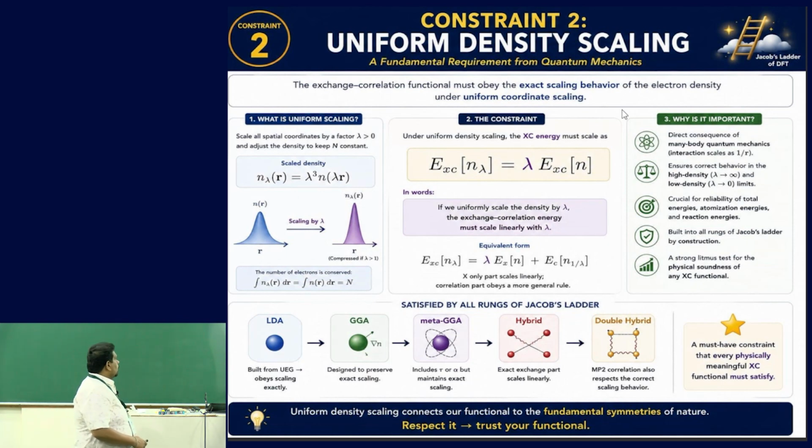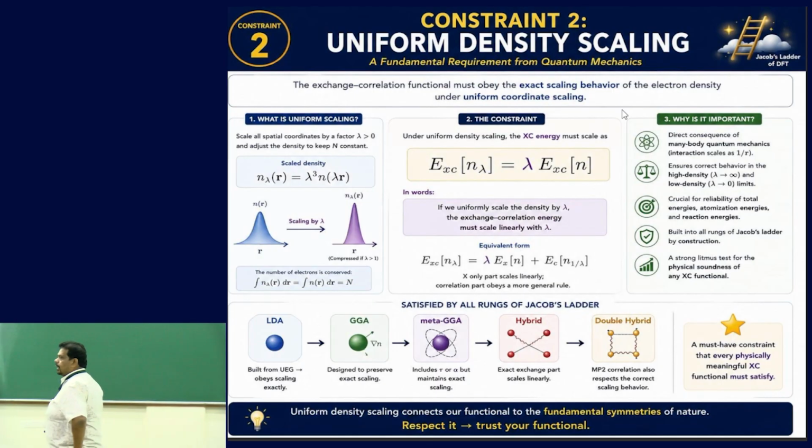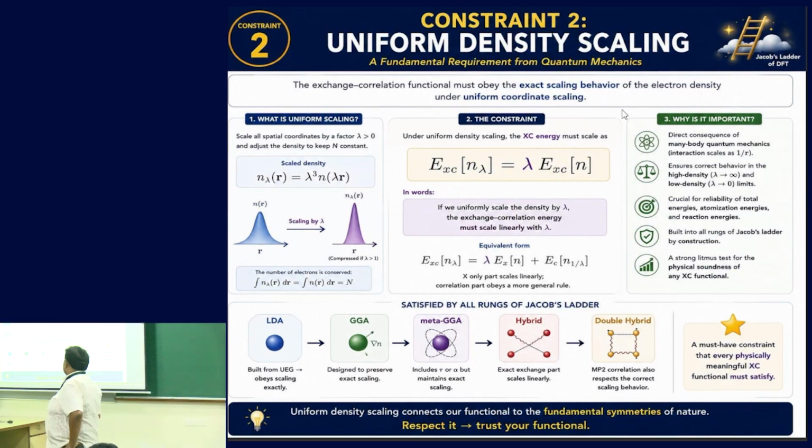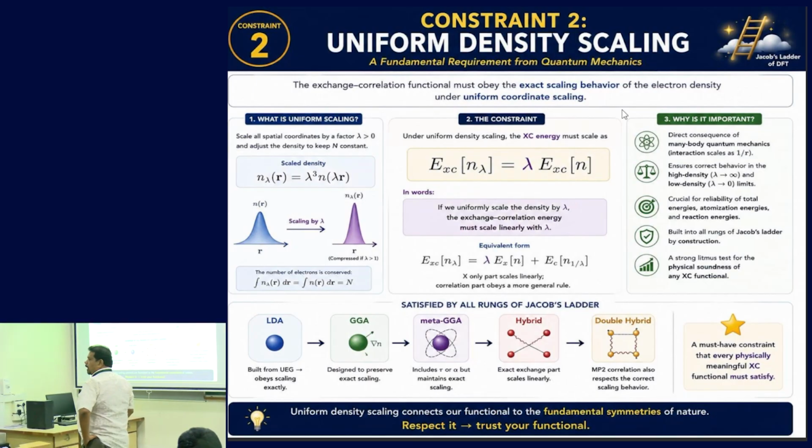Now this is the second constraint. If your density scales, then you have to have functionals which appropriately take care of this density scaling, so that it will get better.